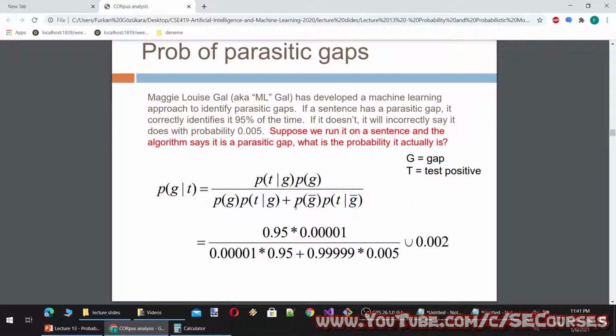Then we start calculating. Here, the probability of T when G happens, we know it, and we multiply it with the overall probability of G. We did this here.